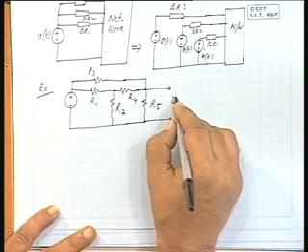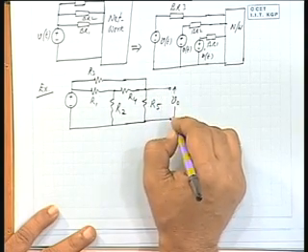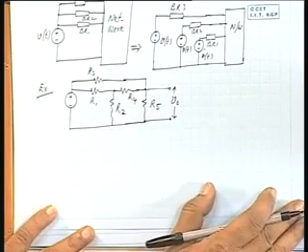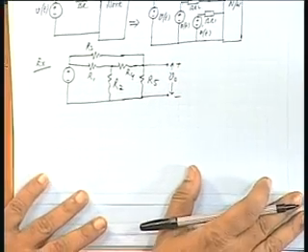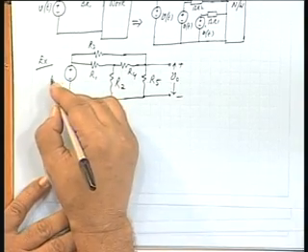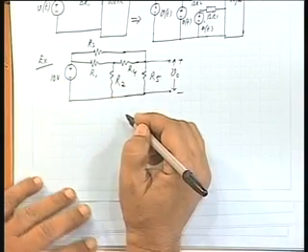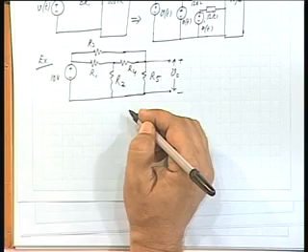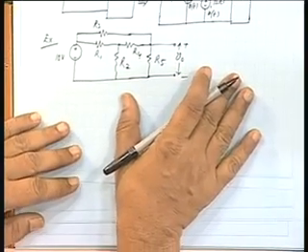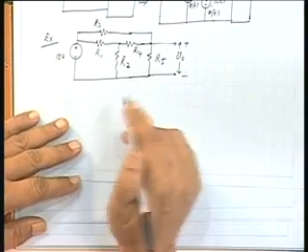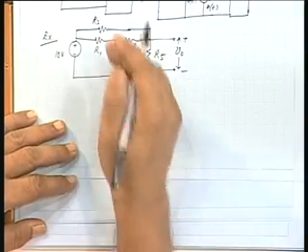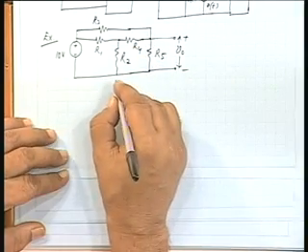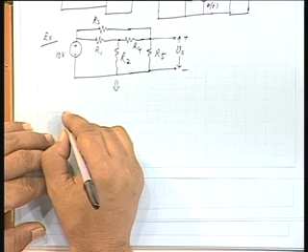We are required to calculate the output voltage V0 for this network. This is a 10 volt source, and we have got all these values. Okay, we will be giving the values soon. This can be reduced. First of all, let me draw this.